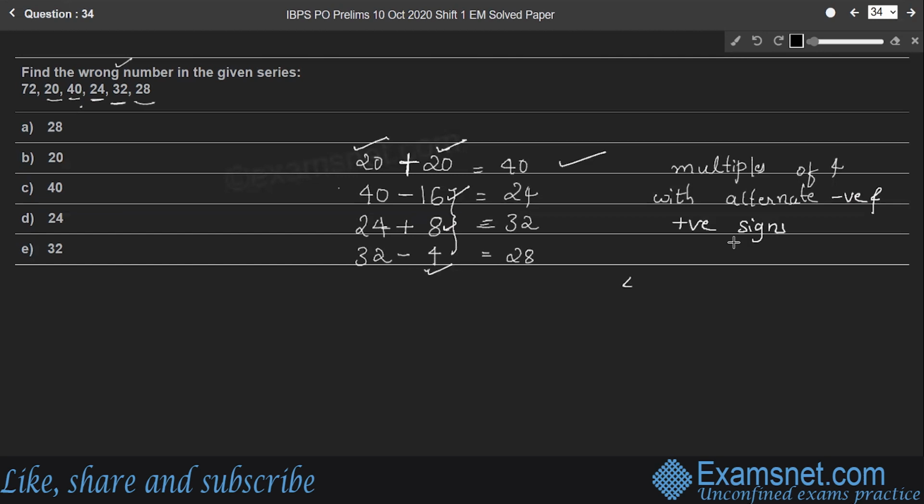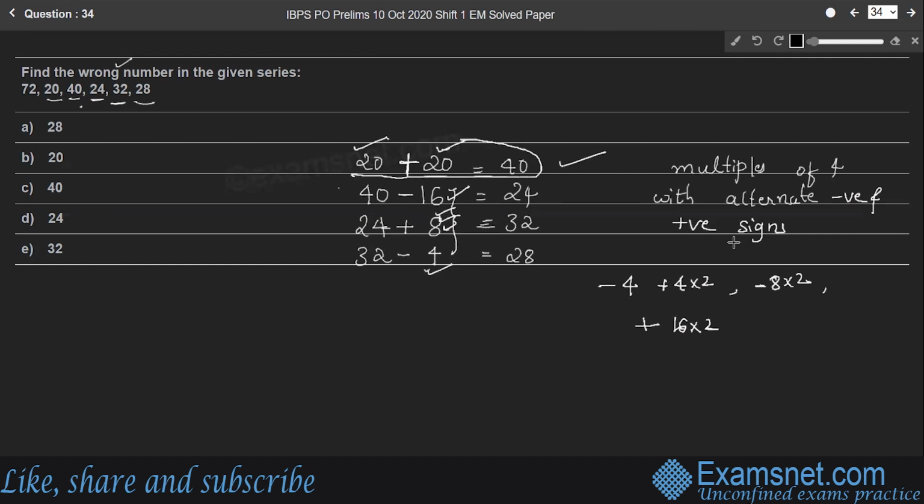I just write here 4, and the next number is 4 into 2. So the next number which is subtracted is 8 into 2. Only the signs are changing here. Negative sign in the first case, positive sign in the second case, and negative sign in the third case. Therefore, in the fourth case, the number to be added should be plus 16 into 2, which is 32. Then only you will get the right answer.